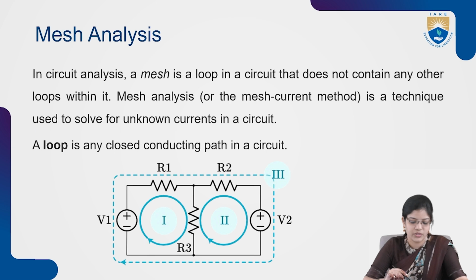Here, if we see this diagram, we have two meshes and three loops. In a simple way, we can say that a single mesh can contain only one loop, and a loop can contain n number of meshes.